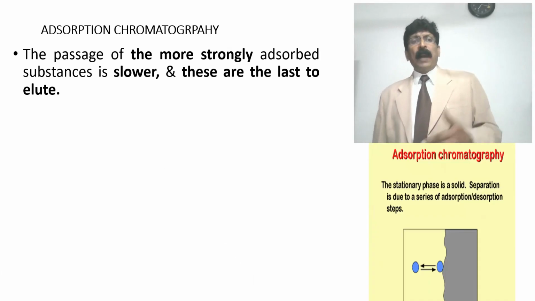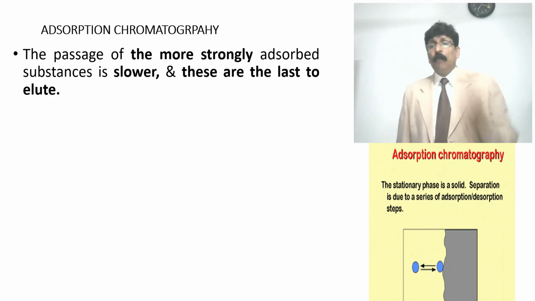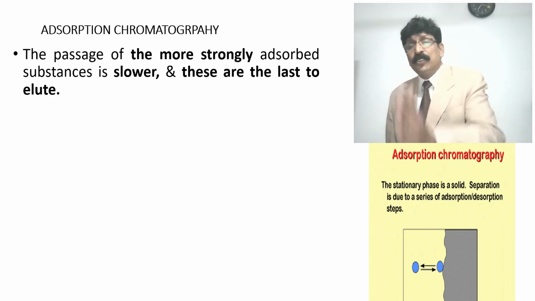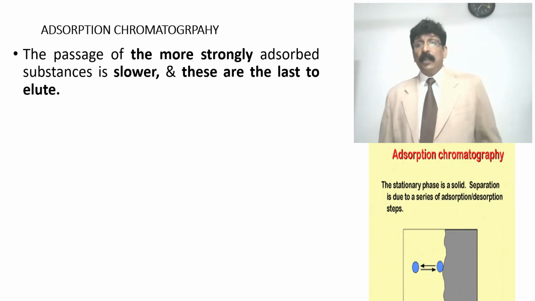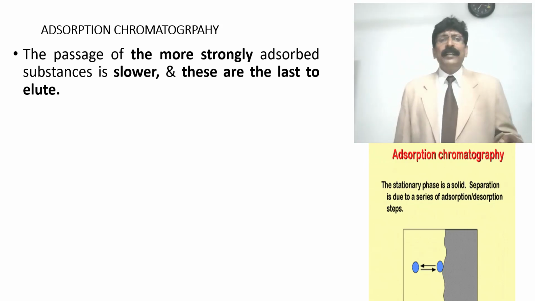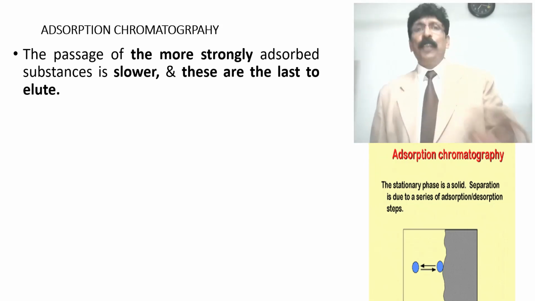The passage of the more strongly adsorbed: suppose the compound is more strongly adsorbed, adsorption is a surface phenomenon, this picture is just to show you the surface phenomenon, it is not absorbed inside. If it is more strongly adsorbed, the substance is slower. These are eluted last. Just now we have seen the picture.